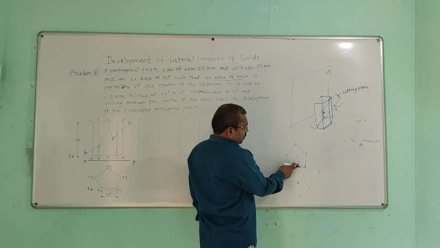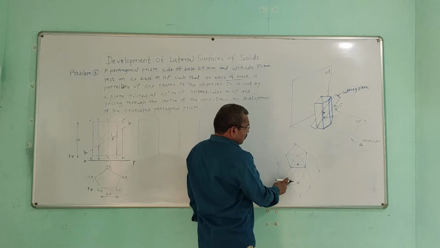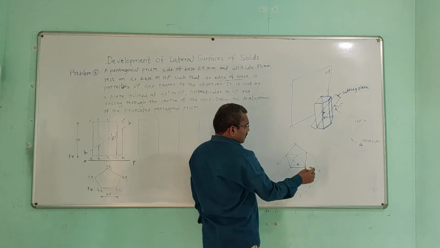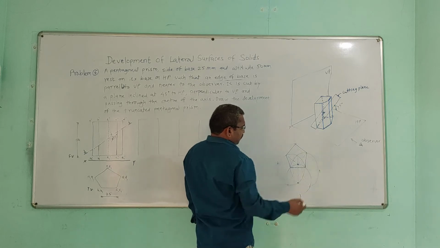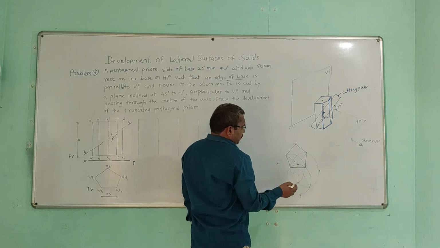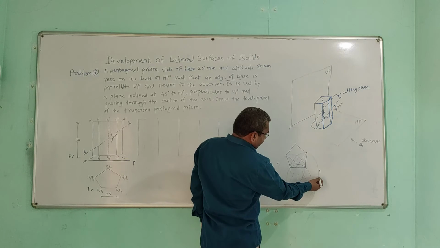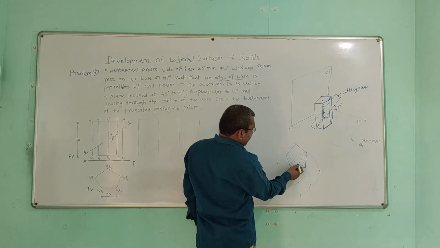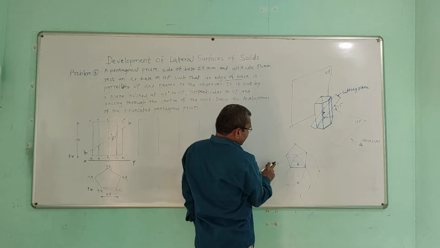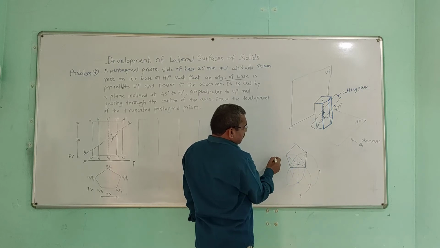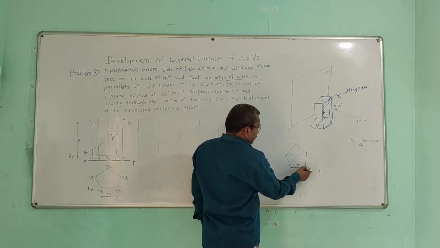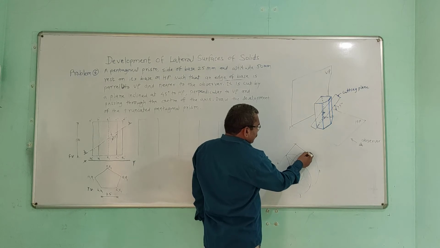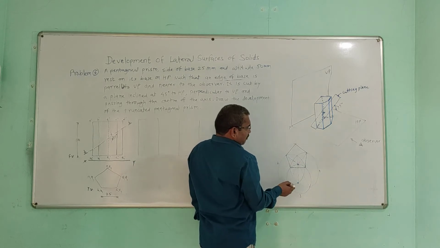The second point is the point on the bisector. From this point, draw a line which will cut circle number 1 here. Then find this point: circle number 1 and 2 intersection is this point. Draw a line passing through this bisect point, intersecting circle number 2 at this point. Then from this end to this intersection is the second side of the pentagon.